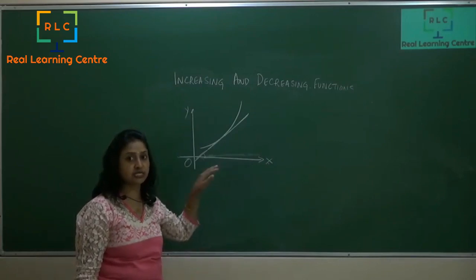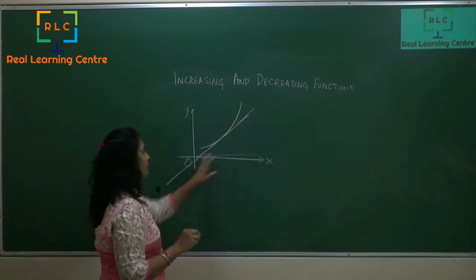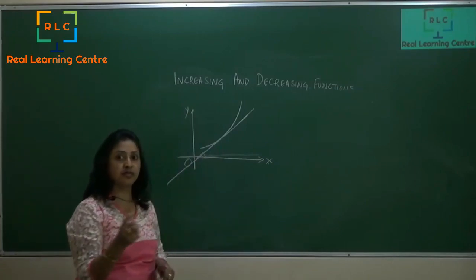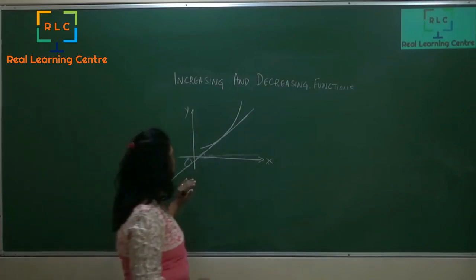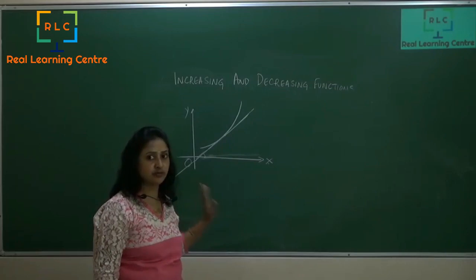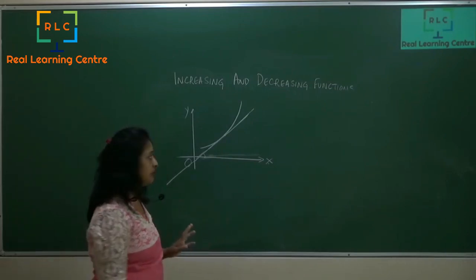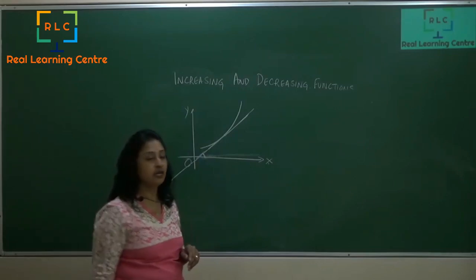Don't you see that this tangent, when I extend it, is lying in the first quadrant and third quadrant. Now from the previous year's analytical geometry, we have learned that whenever a straight line is lying in the first quadrant and third quadrant, then it will have a positive slope. Slope will be positive because it is making an acute angle with the x-axis.